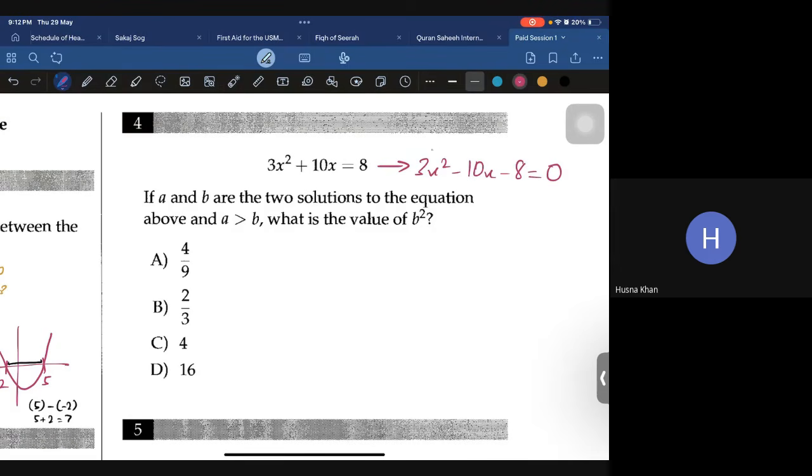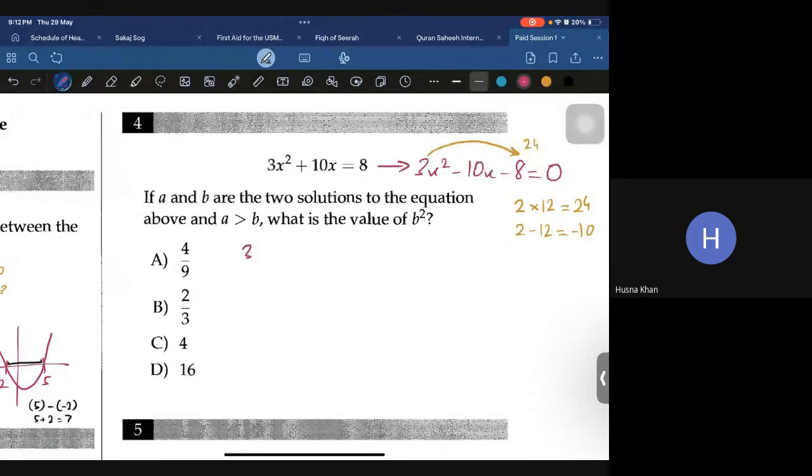So for breaking the middle term, we'll multiply 3 with 8. This will be 24. So 24 and we need 10. So if you see 2 times 12 is 24 and 2 minus 12 is minus 10.